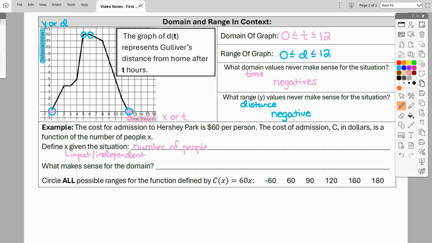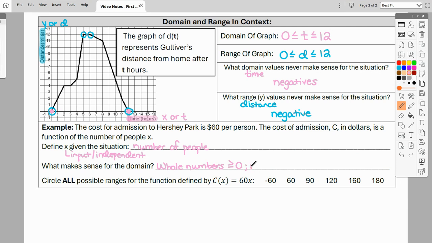We're going to talk about what makes sense for that domain since it is number of people. Well, I'm going to say what makes sense is whole numbers. We don't want half a person, and it has to be greater than or equal to 0 for that whole number because I don't want negative people as well.